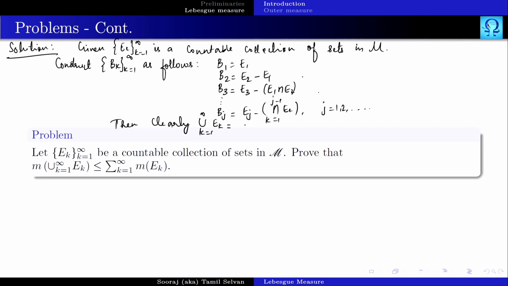Then clearly the union over k from 1 to infinity of E_k is the same as the union over k from 1 to infinity of B_k, where the B_k's are mutually disjoint.